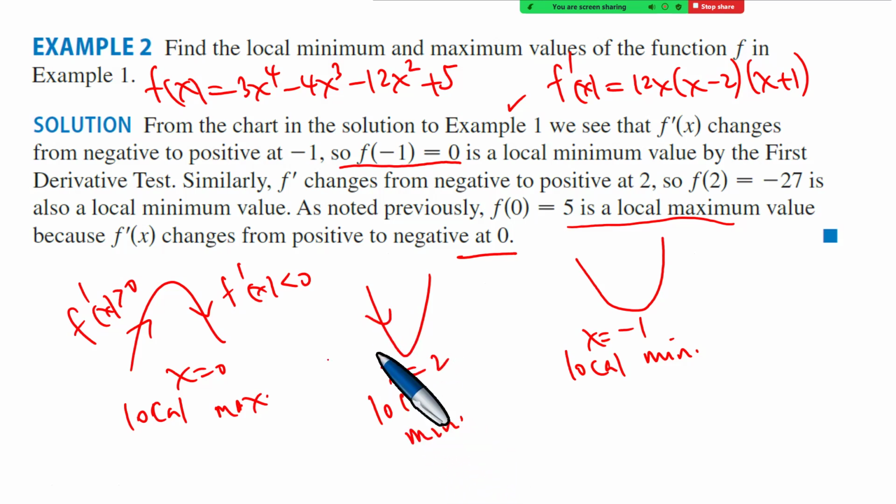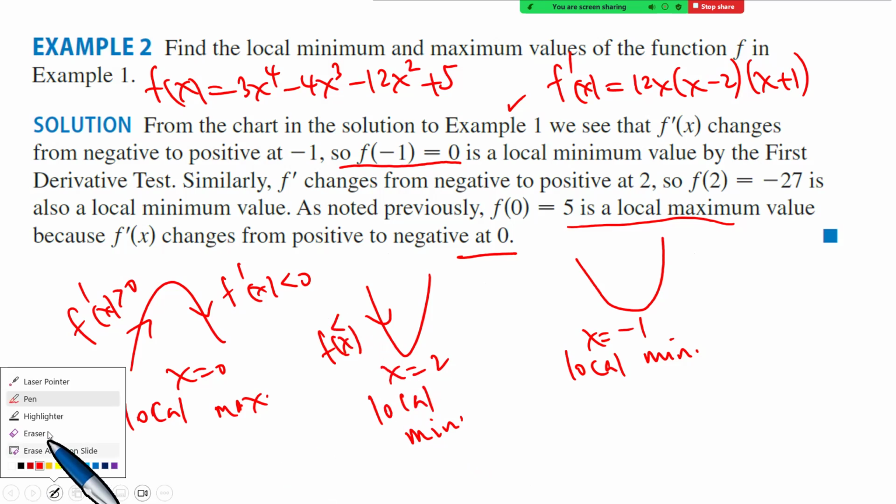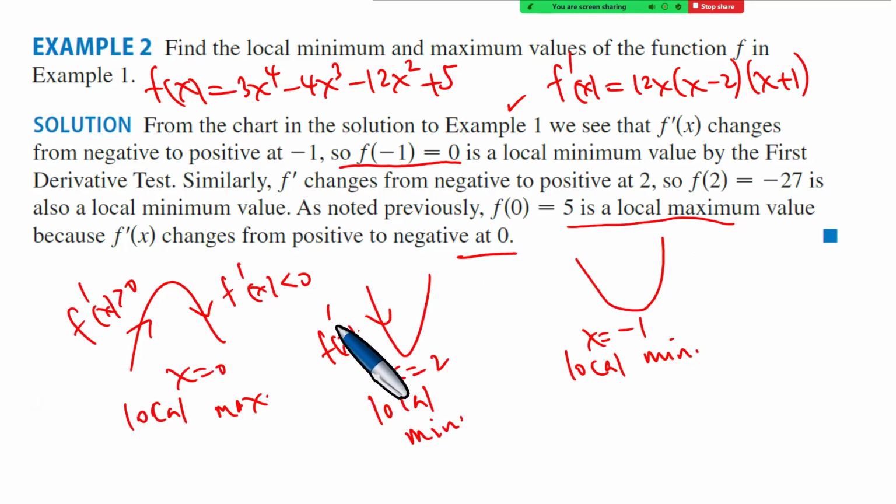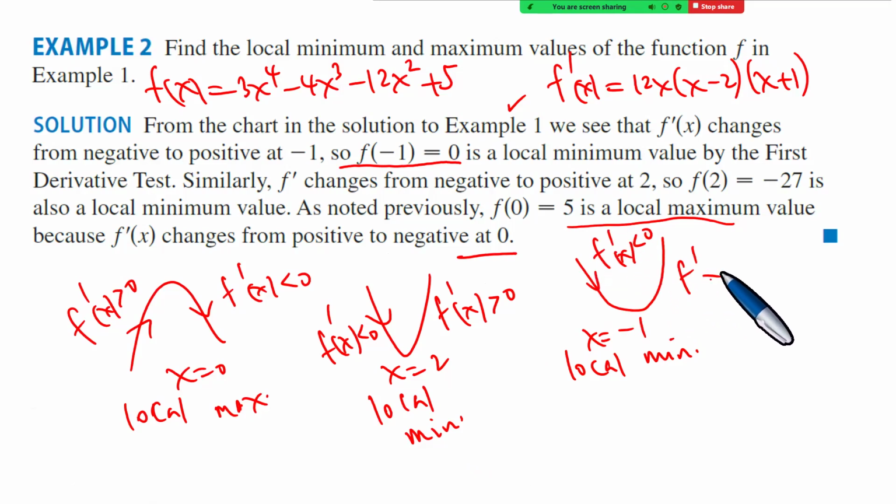The graph is like this. We have f prime of x negative, changing from negative to positive. Then f prime is positive, f prime is negative, f prime is positive.